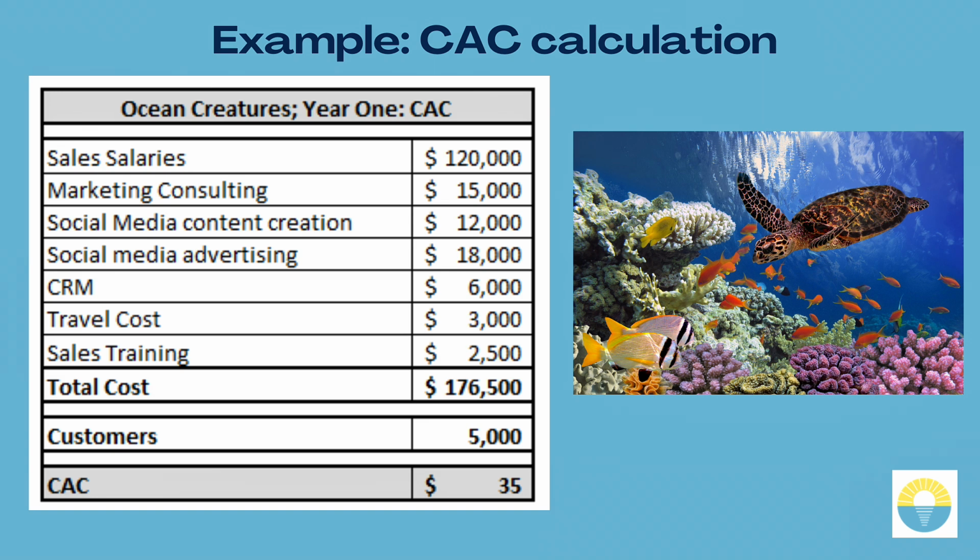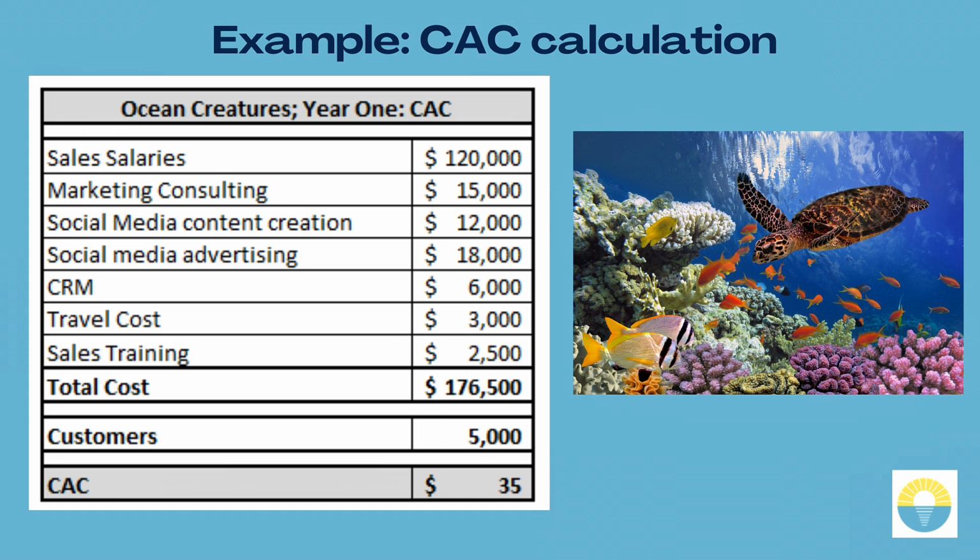I've worked out that for the first year, it cost us about $176,000 in sales and marketing costs, anything from salaries to promotional items and paid advertising. That is the total cost, and I've attracted 5,000 customers in that first year. So I take that 176 divided by my 5,000, and I come to a customer acquisition cost of $35 per customer.